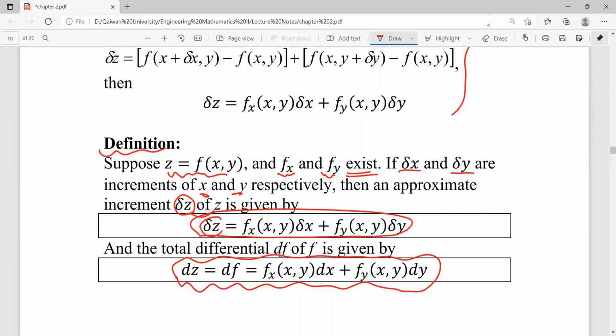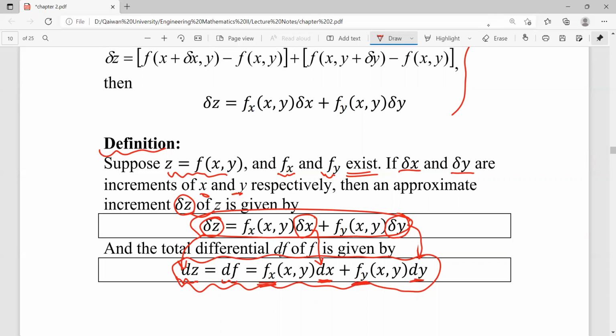Here, delta z means increment of z, delta x increment of x, and delta y is increment of y. We just replace delta y by dy, delta x by dx, delta z by dz. That means here, the increment in z, df, is also equal to f sub x times dx plus f sub y times dy.